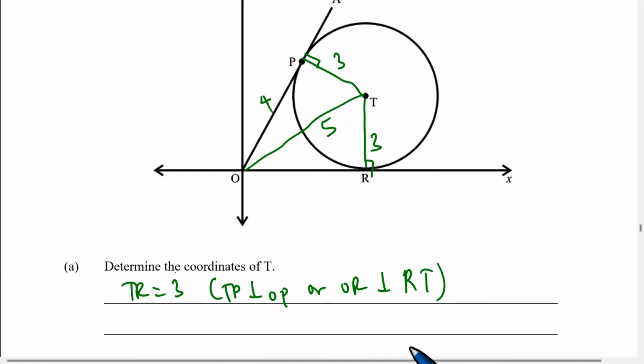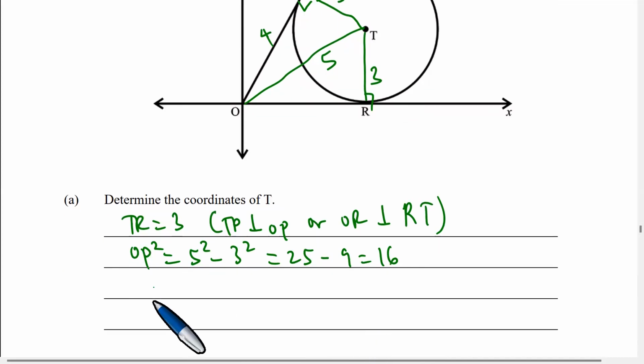So what is OP squared? By Pythagoras, OP squared is equal to, this is the hypotenuse, 5 squared minus 3 squared. That is 25 minus 9, which is 16.